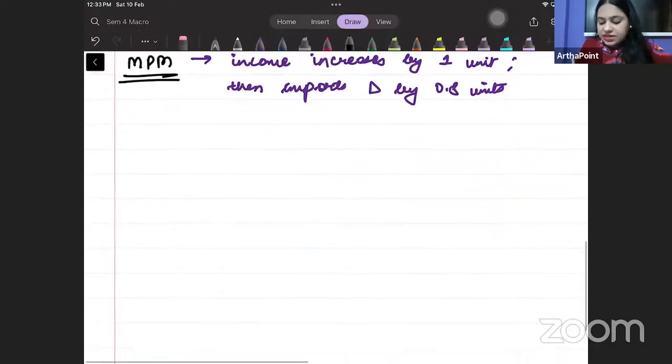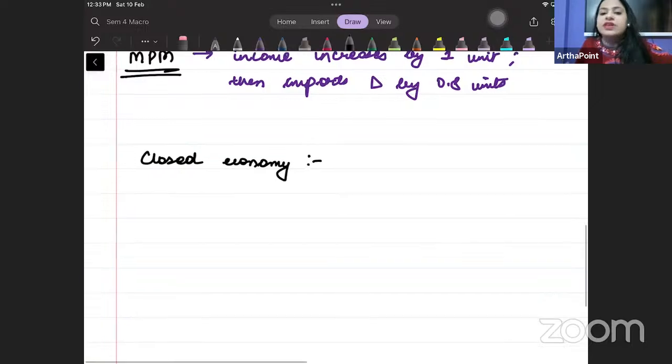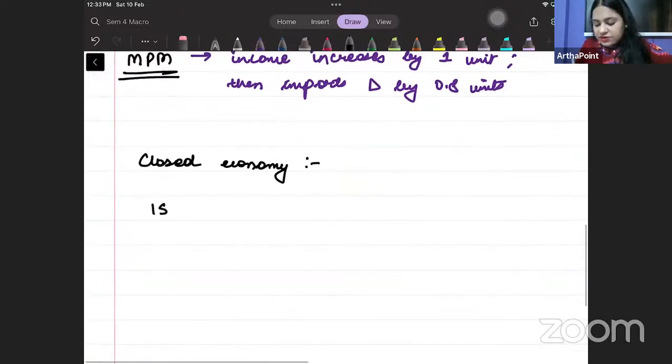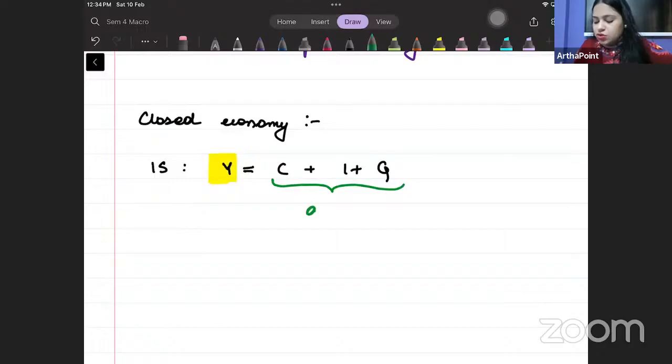Now, till now, when it was a closed economy, the IS curve equation was y = c + I + g. That means whatever our income is, all of it is being used on domestic spending.